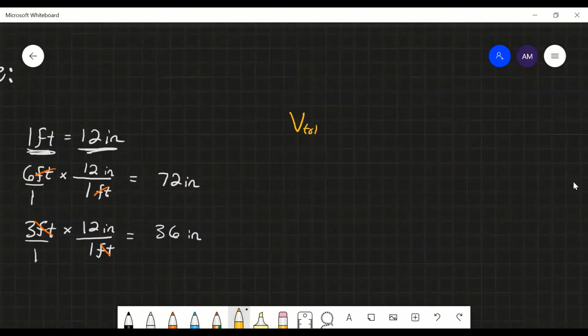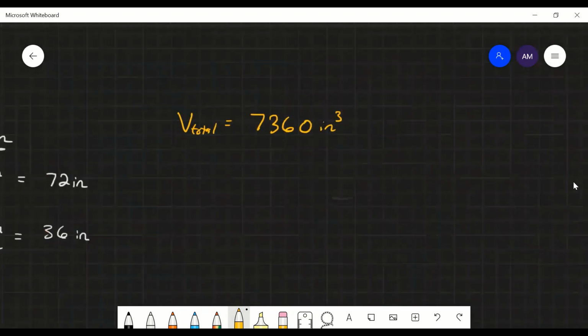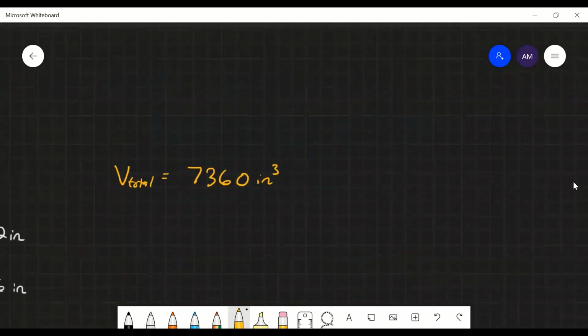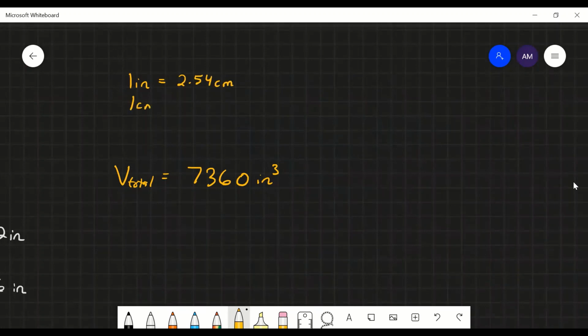V total equals 7360 inches cubed. We need to remember 2 things. One, that 1 inch is the same as 2.54 centimeters. And also 100 centimeters is the same as 1 meter.